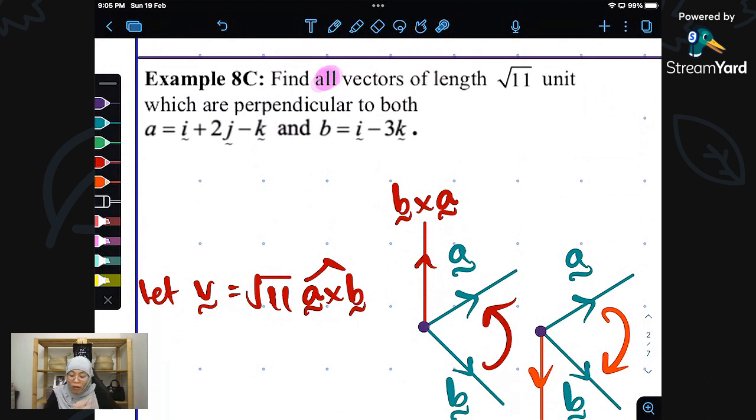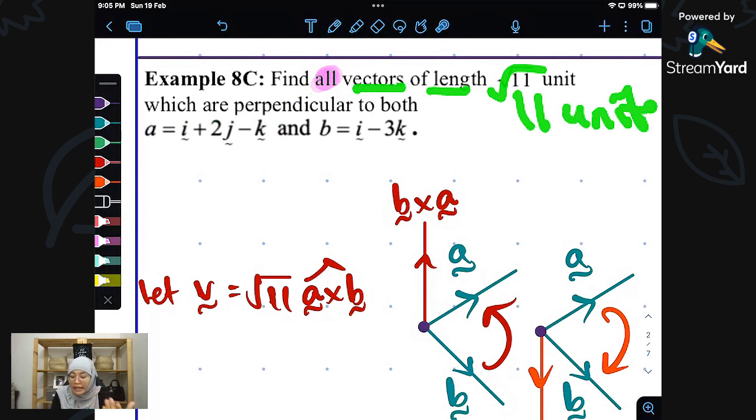Okay, find all vectors of length square root of 11 unit which are perpendicular to both A and B. So again, you read the question. Find all vectors. Okay, kalau confused about the all vectors, let's tutupkan dulu kejap perkataan all ni. Find vector of the length square root of 11 unit.